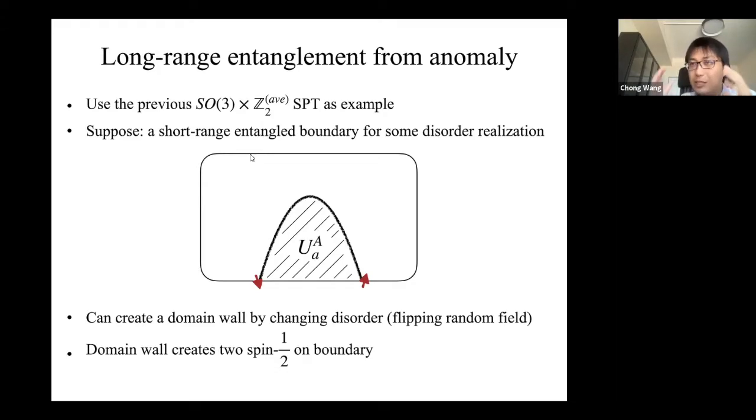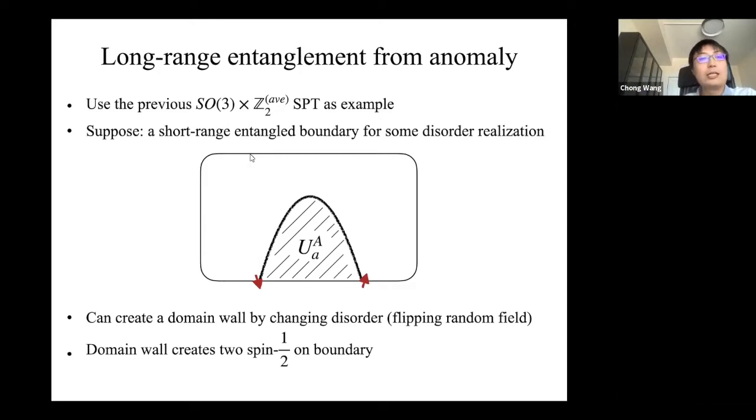Now let's put the system on a space with boundary and re-examine this boundary. In the clean case, the anomaly will tell me that once I have a boundary, this system cannot possibly be short-range entangled. At least on the boundary, I'll end up with some long-range correlation.